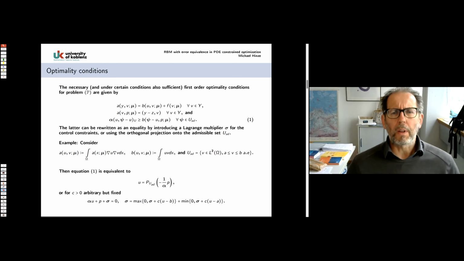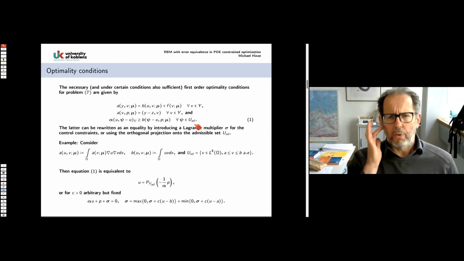So, of course, the optimality conditions form the basis for the further investigation, since the structure of the problem is encoded here. And since we have a linear quadratic problem with a convex and closed admissible set of controls, this system is also sufficient for being a solution of the optimal control problem.